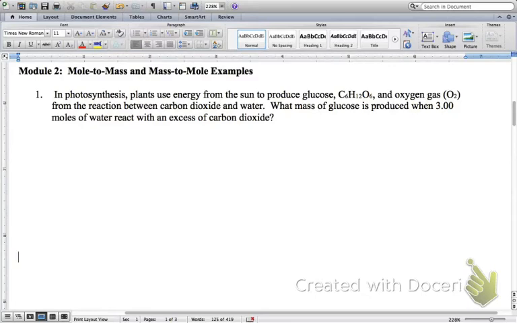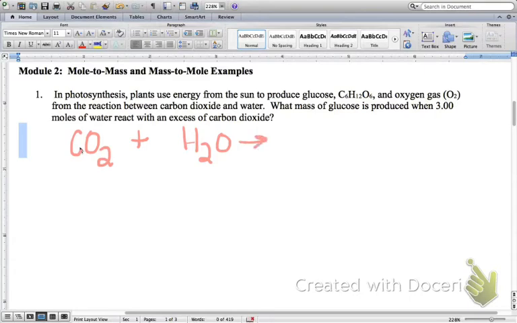So, in other words, they're telling us that our reactants are the carbon dioxide and the water. What's the formula for carbon dioxide? CO2. Okay, so our formula for carbon dioxide is CO2 plus, what is our formula for water? H2O.